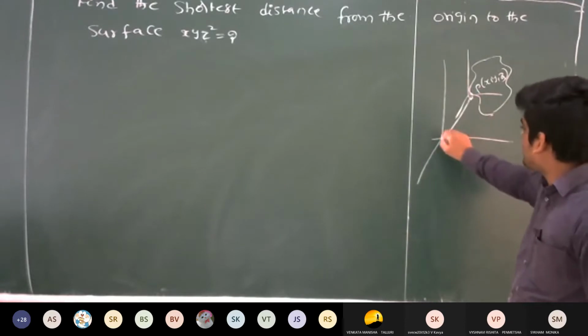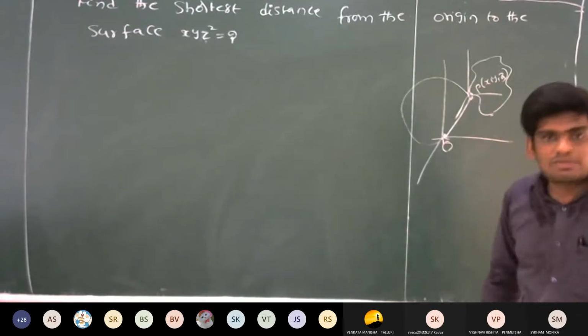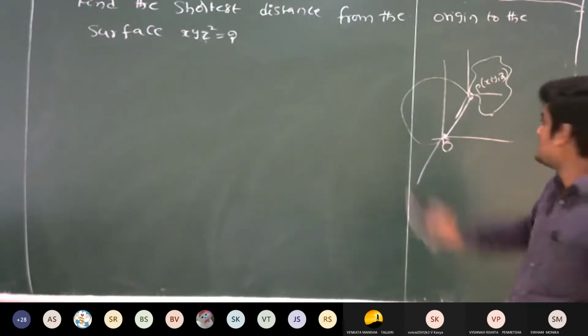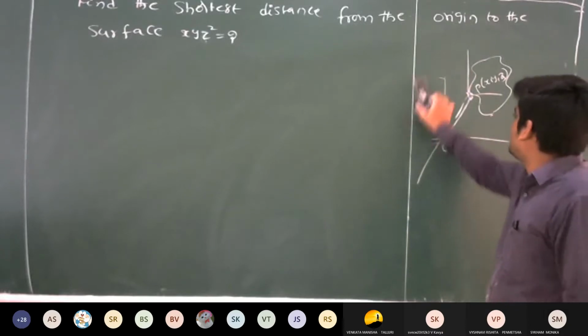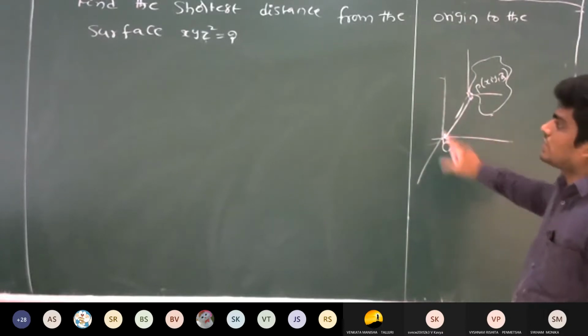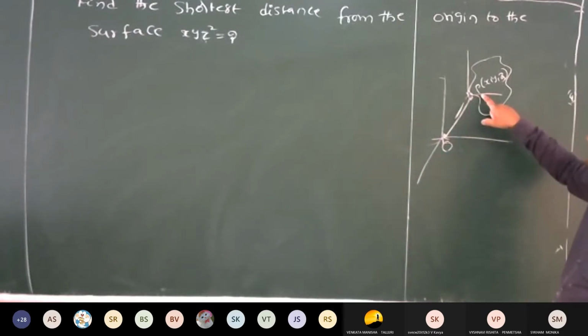Otherwise, if you travel in this way, you will get the maximum distance. That is the optimization method, right? So here we are calculating the shortest distance, the minimum distance from the origin to the surface point P.